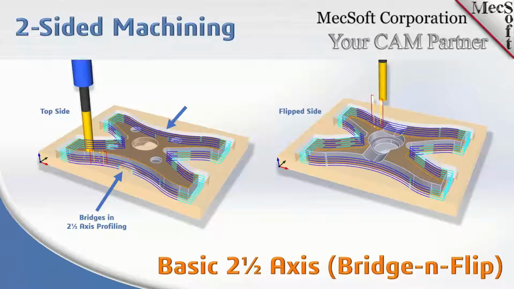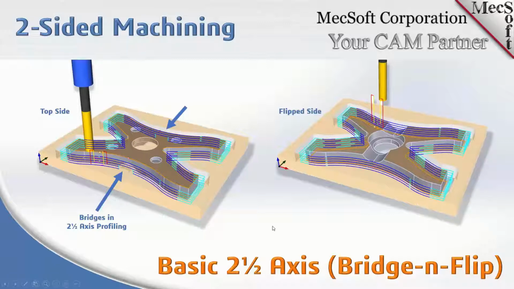Here, I've come up with 3 basic techniques for flip machining. And the first technique is, if you're just cutting basic 2.5 axis parts, and if your part has a feature on the opposite side, obviously you're going to want to turn that over.